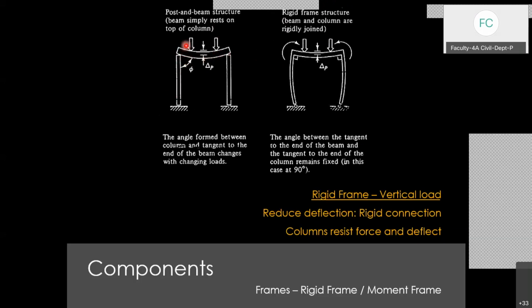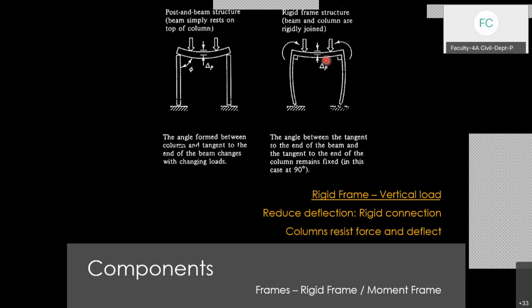So whenever vertical load is acting on it, this beam will deflect more. But when we talk about the rigid frame structure, why do we call it rigid? Because the beam as well as the column have been rigidly joined.